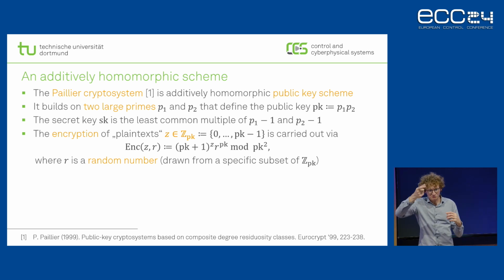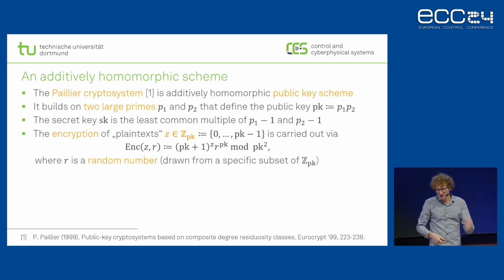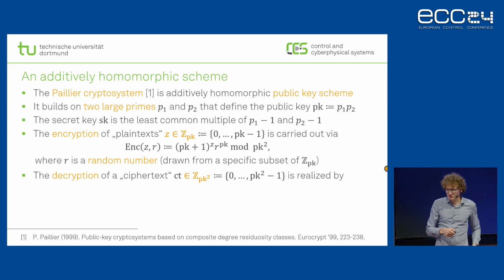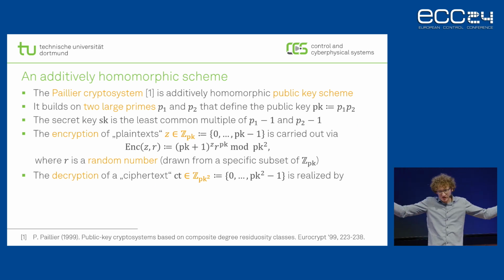So it's not like with symmetric encryption schemes, where for every message there is one ciphertext. That's not the case here. Same messages can lead to different ciphertexts. And that also means that the ciphertext space is much larger.